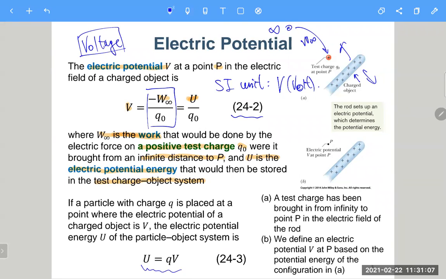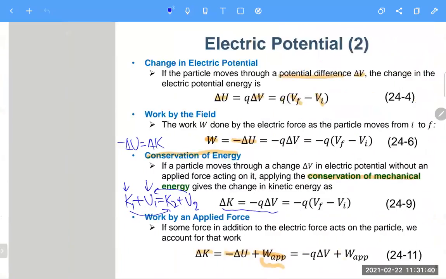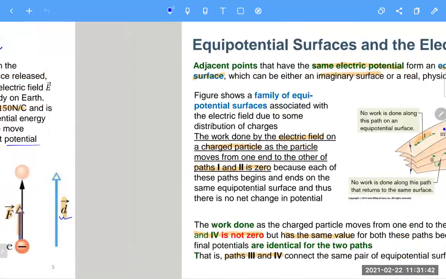Voltage is used in circuit theory, when you consider the distributed circuit element, then we use voltage rather than electric potential. But they refer to the same thing. Actually, electric potential is a more general idea than the voltage.